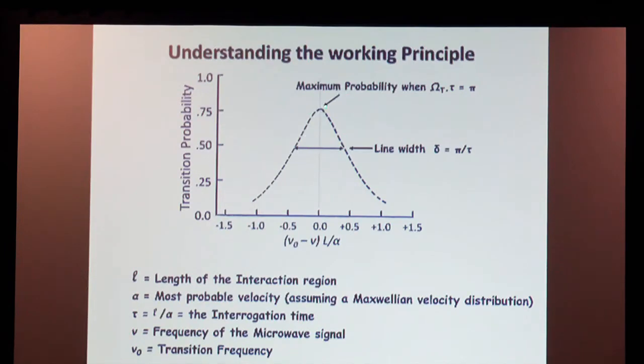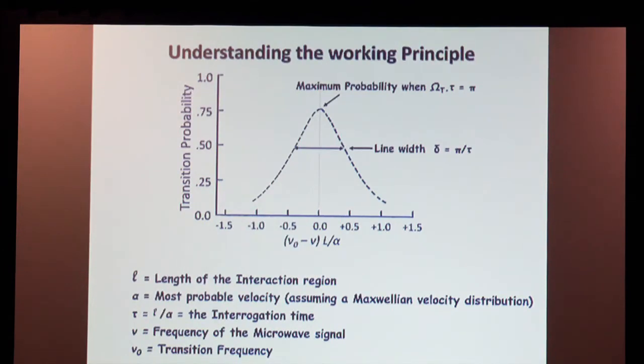Now, we have already made it highest by making this product equal to pi. So this is traditionally called subjecting the atoms to a pi pulse. The atoms see a pulse of microwaves where the product is equal to pi. So this is called a pi pulse. And the line width of this transition frequency is given by delta equals pi divided by the time of transit.